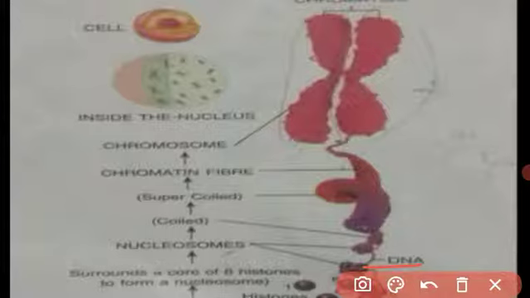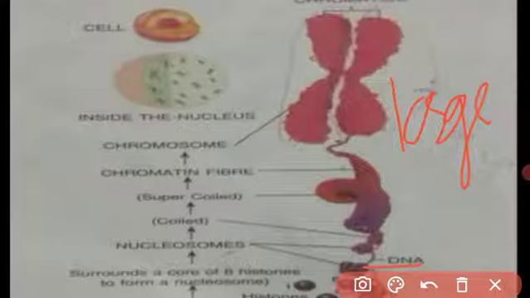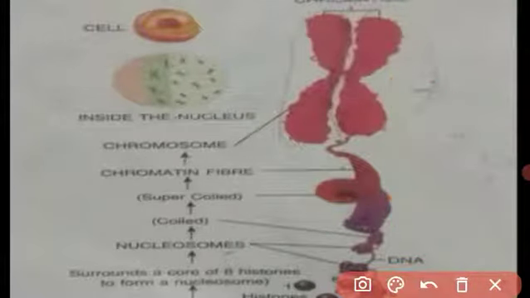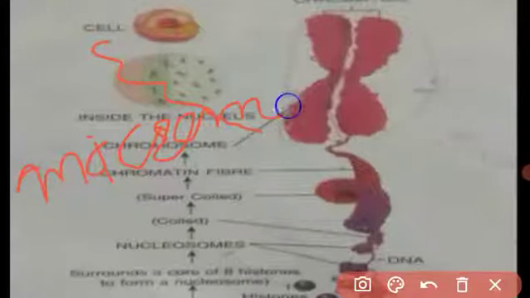DNA is the largest molecule in our body. The long DNA molecule is called a macromolecule. This large thread is called a macromolecule.